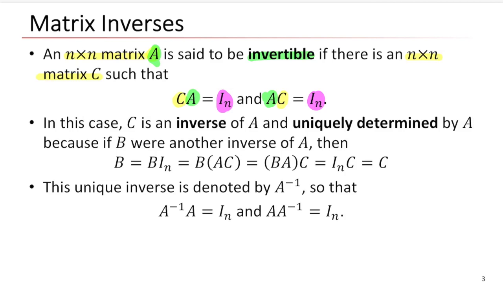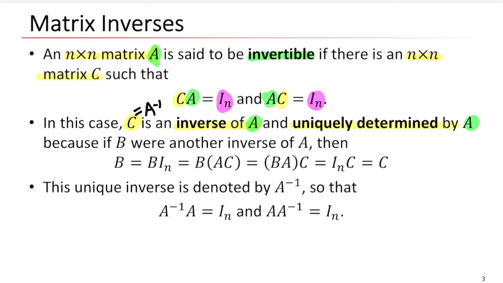In this case, C is the inverse of the matrix A. So this is the definition of the inverse. Then this C is uniquely determined by matrix A. So in this case, we can denote this C as the inverse of matrix A.